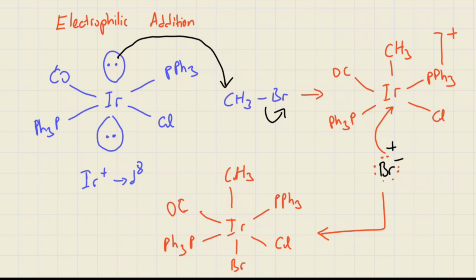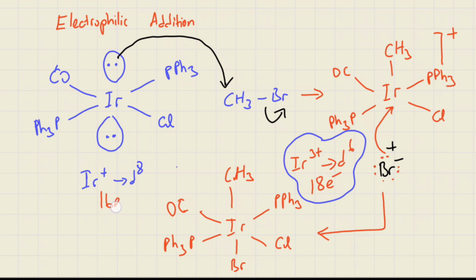If you look at the product, iridium has plus 3 oxidation state, so it is a D6 complex right now, and it has 16 electrons. So after the reaction, iridium oxidation state increased by 2, and also the electron number changed, since this is a 16 electron, but this is an 18 electron complex.